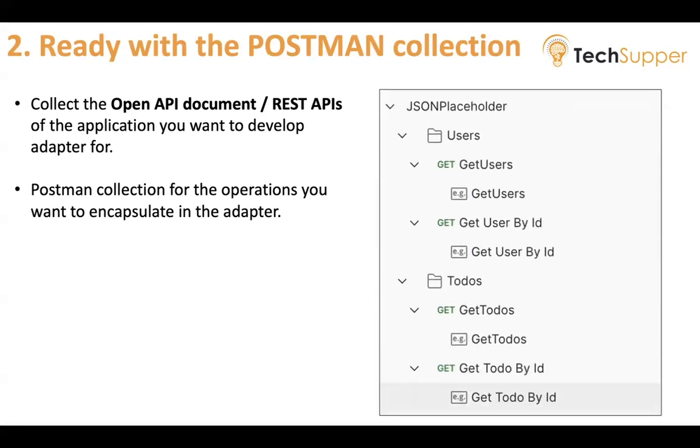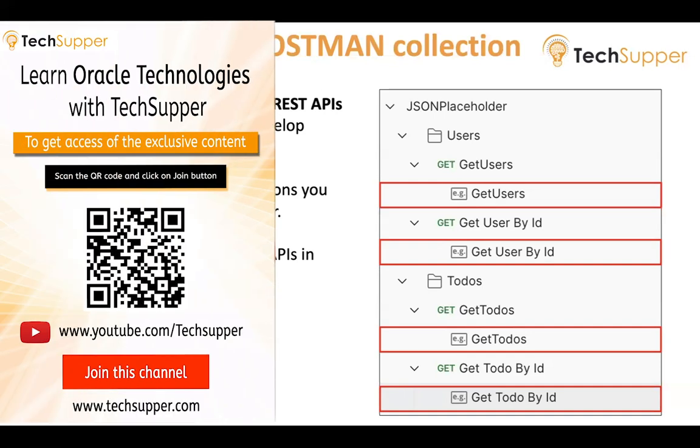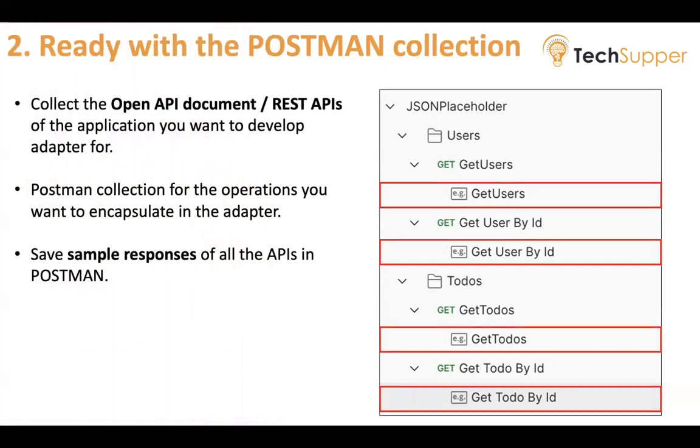Then save the example responses of all the APIs in Postman, which is necessary to generate the required schema. Whenever you use an adapter in your Oracle Integration, for example Oracle ERP with the create invoice API, you will notice the mapper is populated automatically with the required fields.